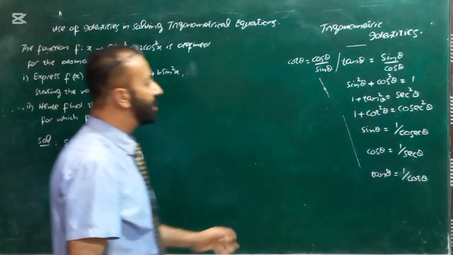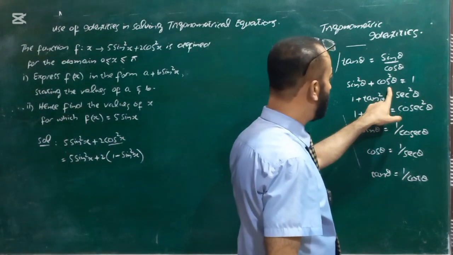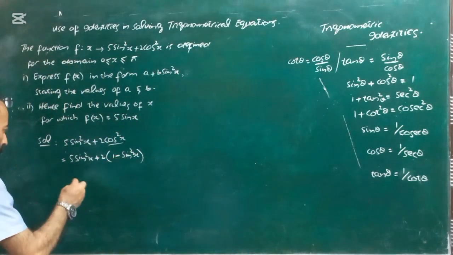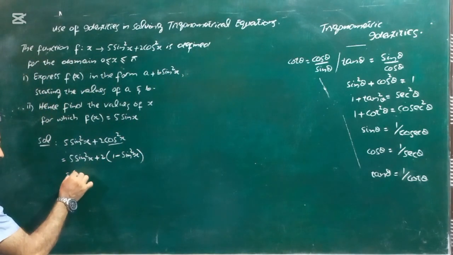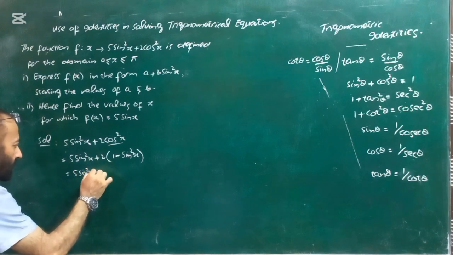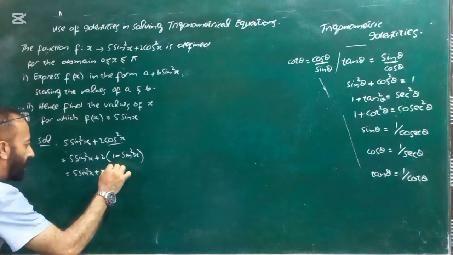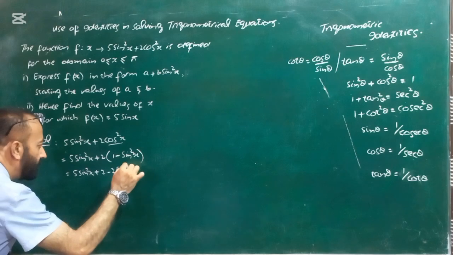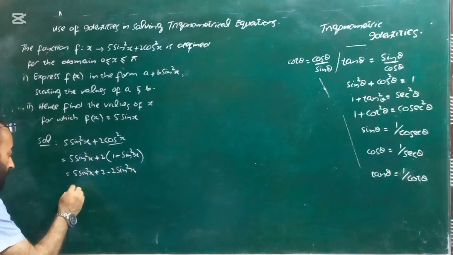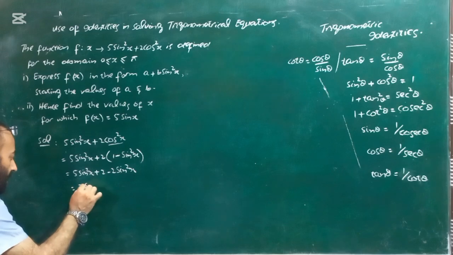Because you can see from here, cos square theta will be equal to 1 minus sine square theta. Open the bracket now. So 5 sine square x plus 2 minus 2 sine square x. 5 sine square x minus 2 sine square x will be equal to 3 sine square x.